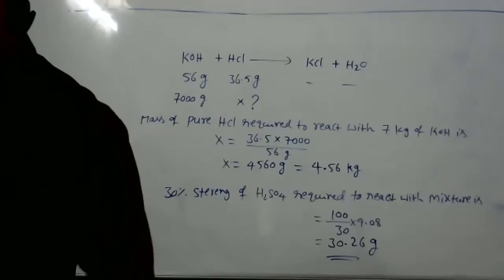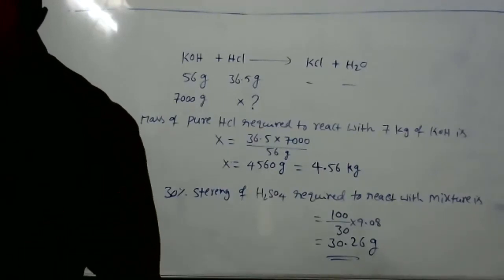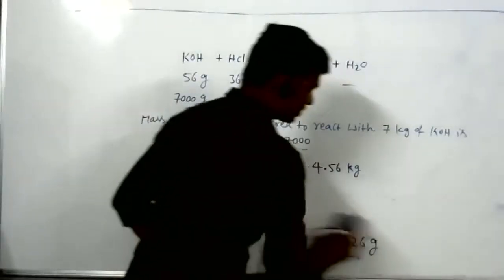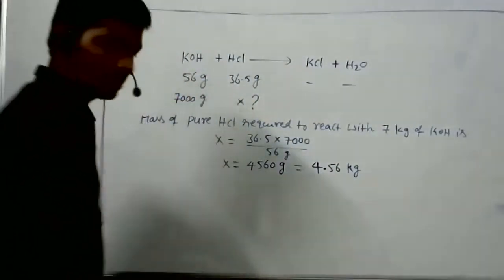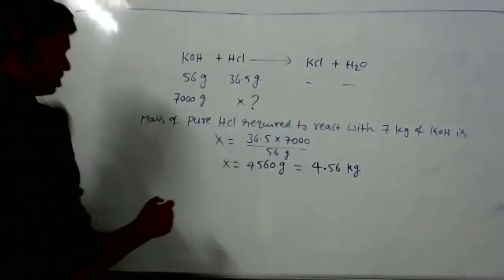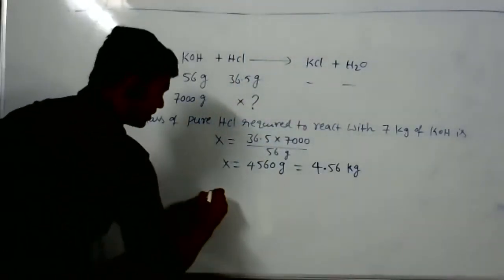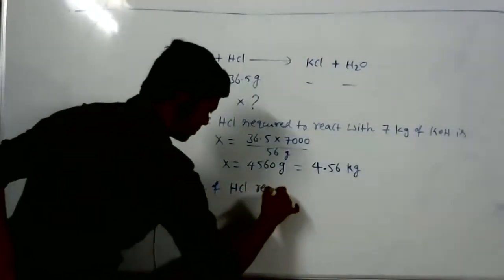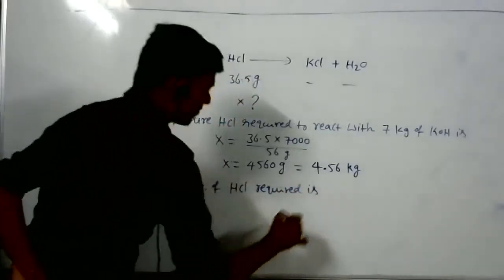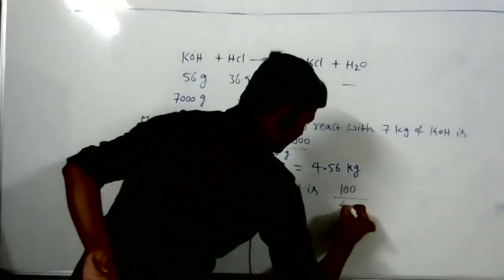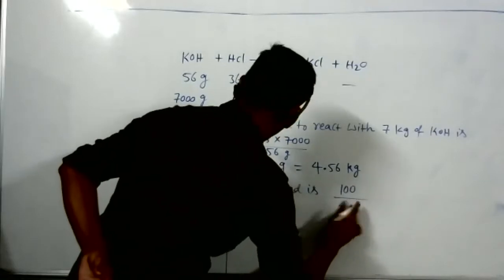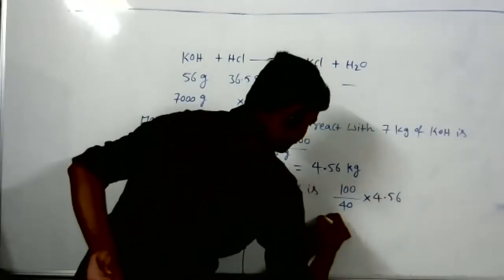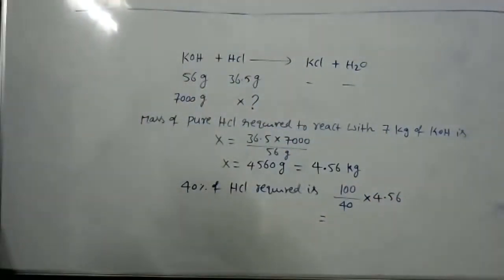Then we have to convert this 100% into 40% hydrochloric acid. How much is required? So 100% is this much required. Then the 40% HCl requirement is 100 divided by 40 into 4.56 kilograms, 456 by 40.